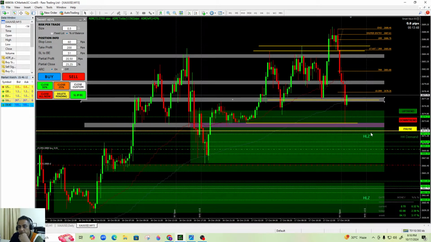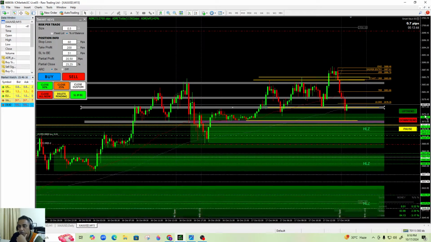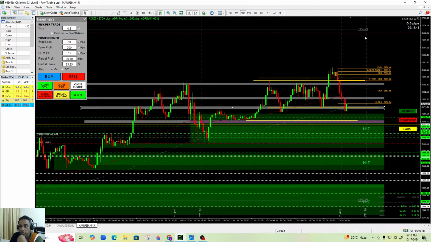Let's see. So I've got my trade open since yesterday. I'm going to hold on to this trade. My final TP is just under 2,700. That's a 300 pip move from here, just over 300 pip move that I'm anticipating. Let's see if price gets there.